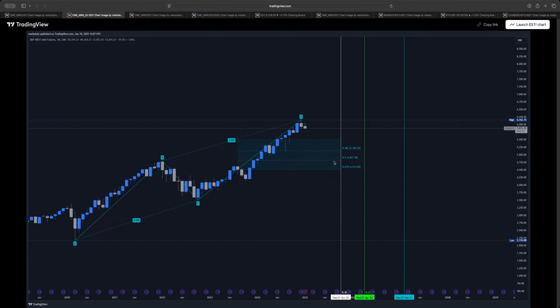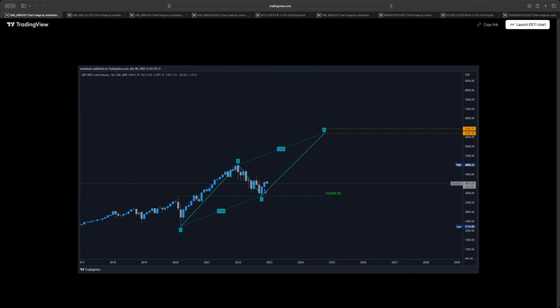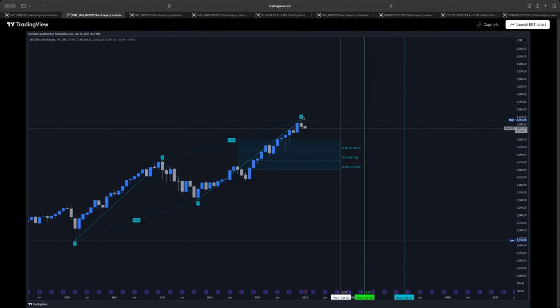Therefore, there can be an argument for higher levels, but nothing changed in my particular interpretation since 2022. Correct, from the lows, 4,000, 3,500. That was the projection from those lows to these current highs. Retested, the correction occurred, okay?